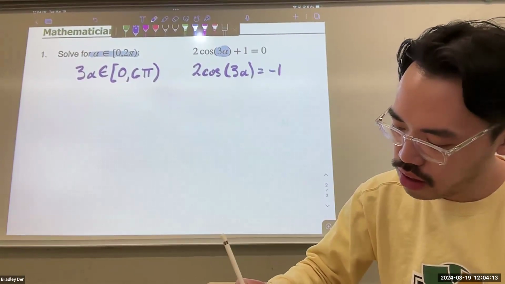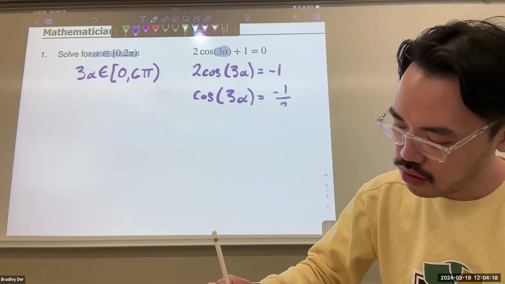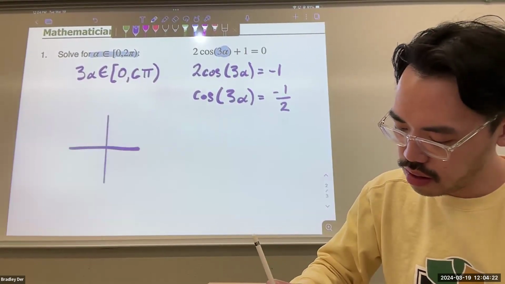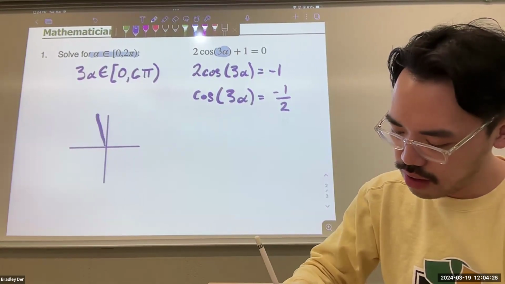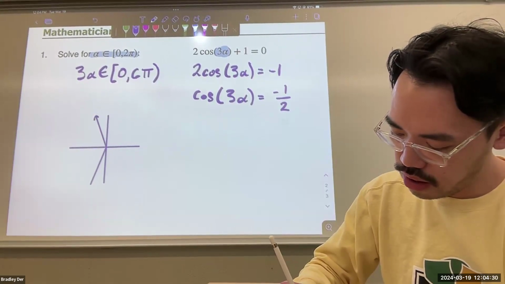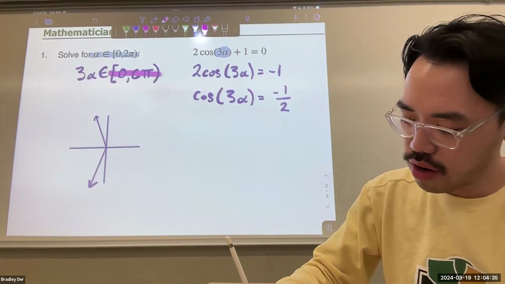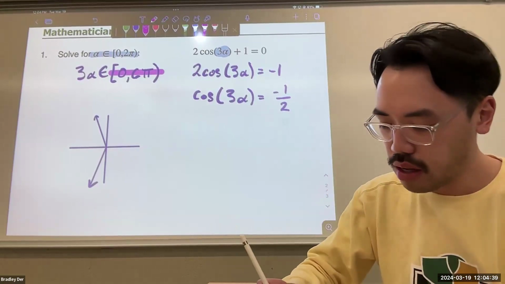So subtract the 1, divide by 2, cosine of 3 alpha is equal to -1/2, and that's going to occur here and here. Right, but if I'm looking between 0 and 6 pi, that means that we have to go around for 3 rotations.